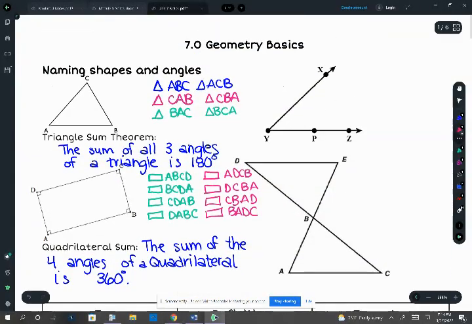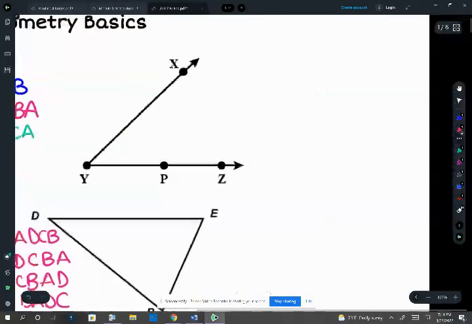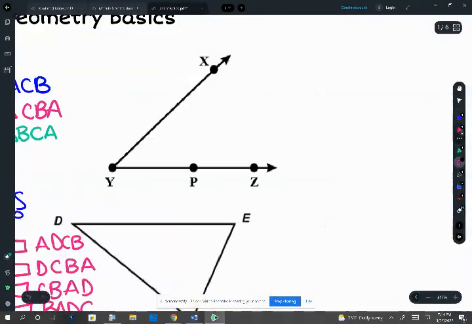If I'm looking at just an angle, it's a little bit different. As I'm looking at this angle, I do need to worry about the order a little bit. So if I'm starting at X, then I can either call this X, Y, Z, or X, Y, P, because those are all the points that are on this angle.